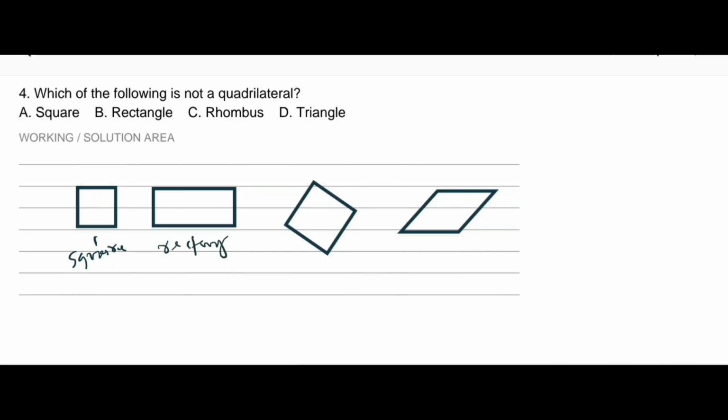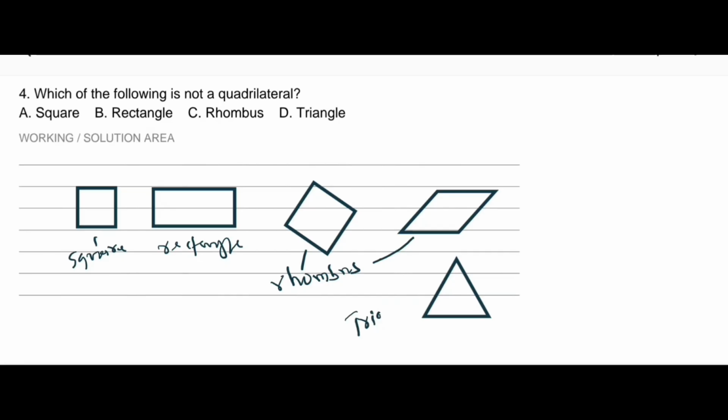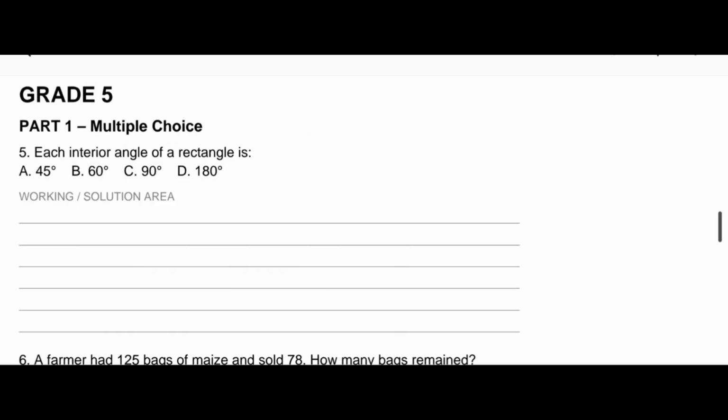This is a rhombus. This is also a rhombus. Now let's see a triangle. So this is a triangle. Which of the following is not a quadrilateral? What is the answer? Triangle. So the answer is triangle.